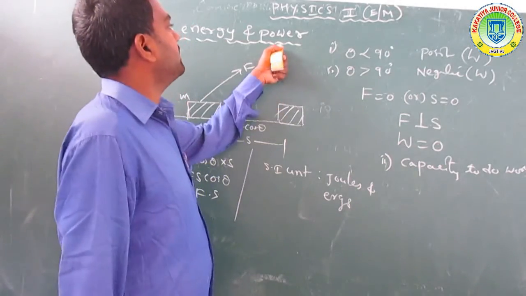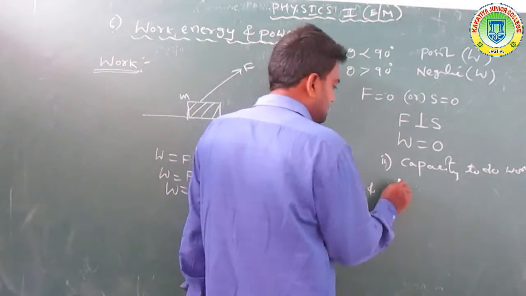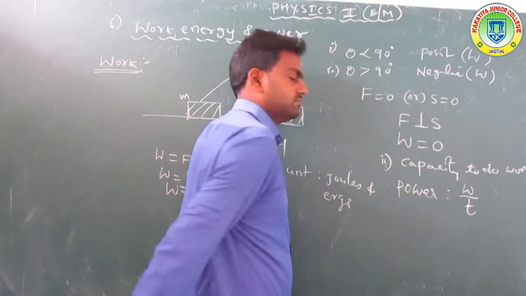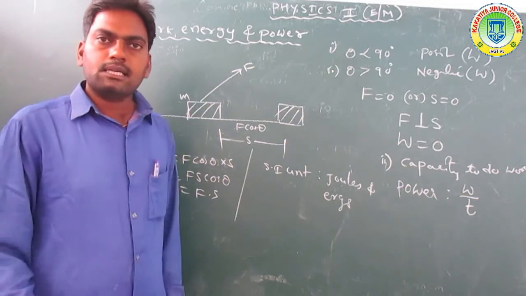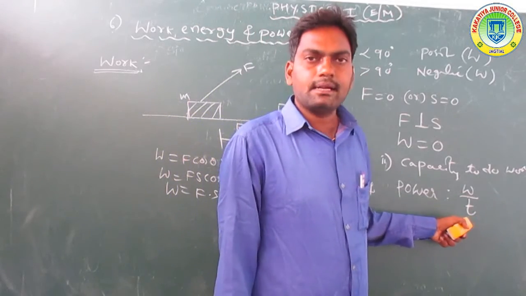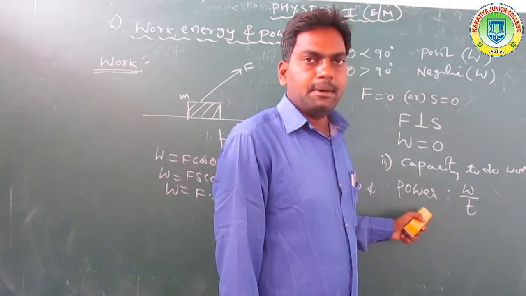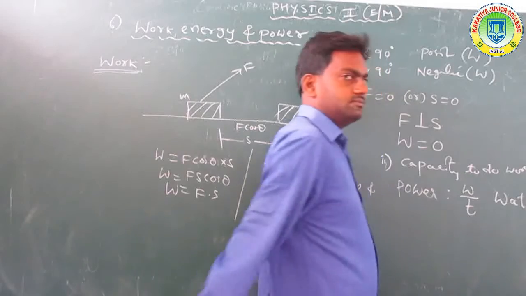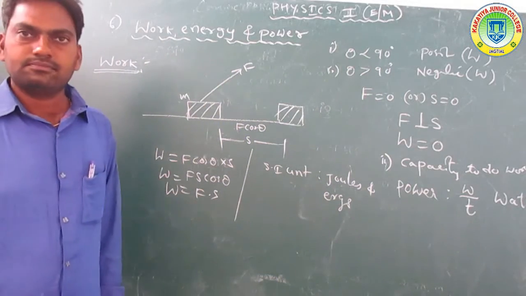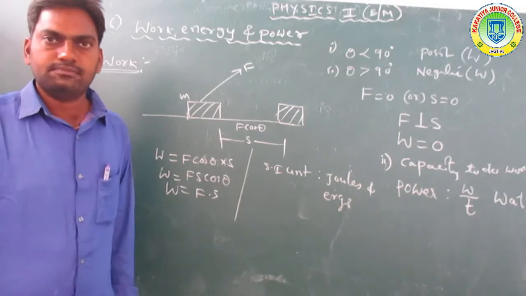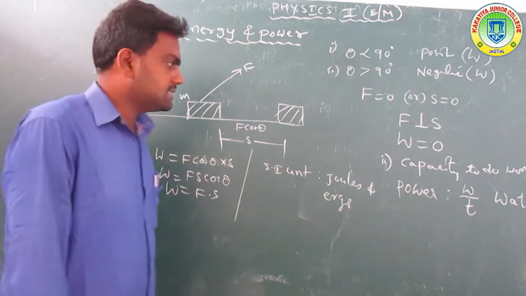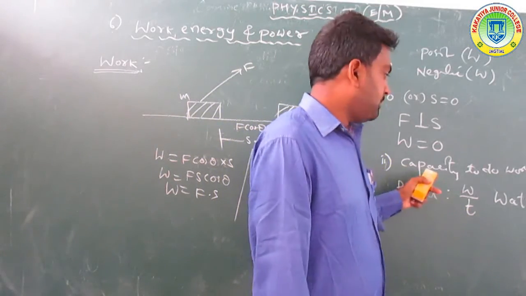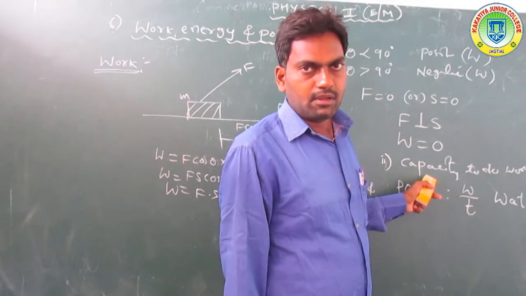Now another topic: what is power? Power is nothing but the rate of doing work. Rate is taken with respect to time. Power is measured in units of watts, and also horsepower (HP). So power is the rate of doing work, and the capacity to do work is called energy.